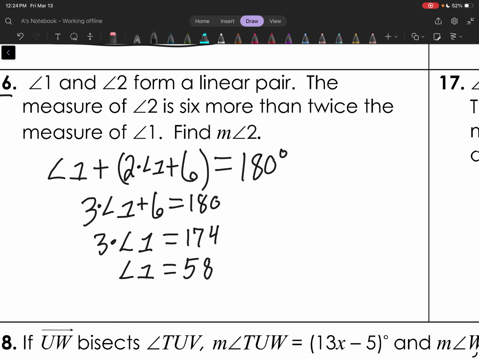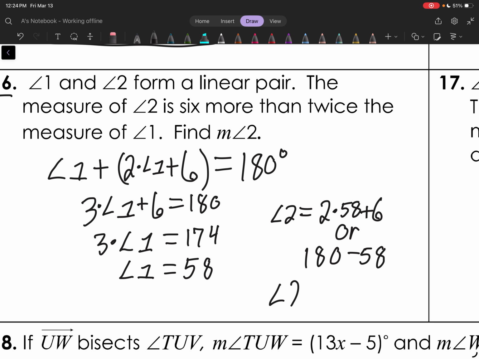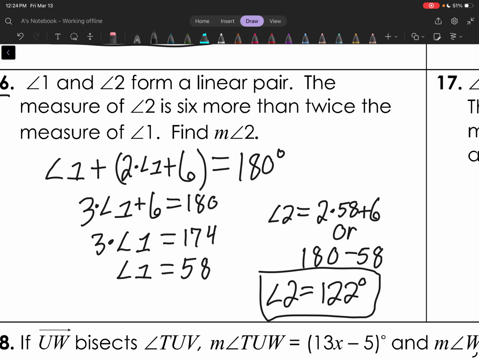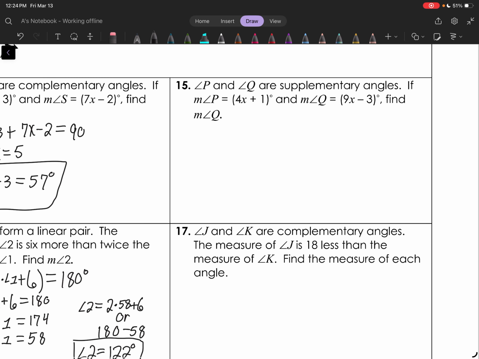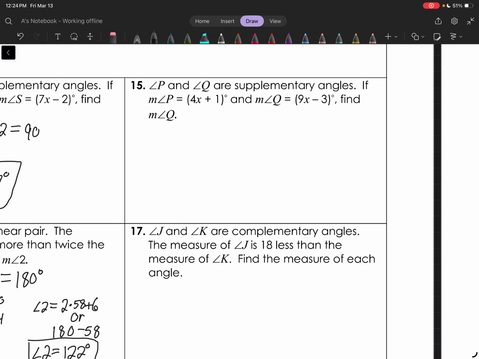Find the measure of angle 2. Angle 2 is equal to 2 times 58 plus 6, or you can do 180 minus 58. That one is by far the easier one to do. Either way, angle 2 is equal to 122 degrees. Try those two.